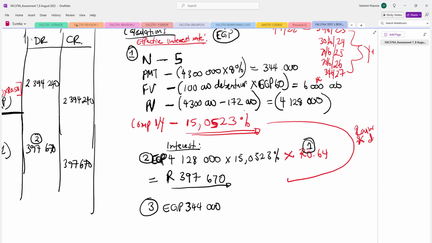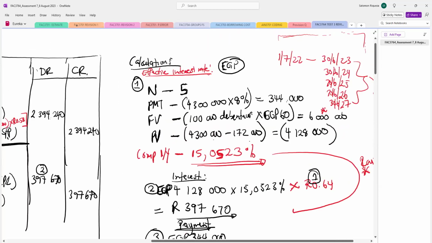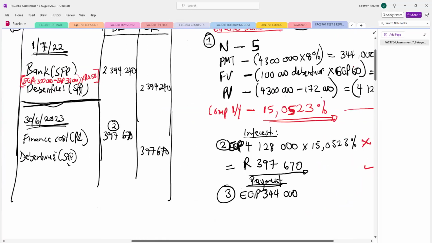All right, you're welcome. Okay, so at 30 June, I'm now looking at the payments. Let me just write here. This one I wrote interest. Here I'm going to write payments or the coupon rate. Right. So my payments, this is the figure. We calculated 8% out of the debenture value. And then now we want to change this to the rand value.